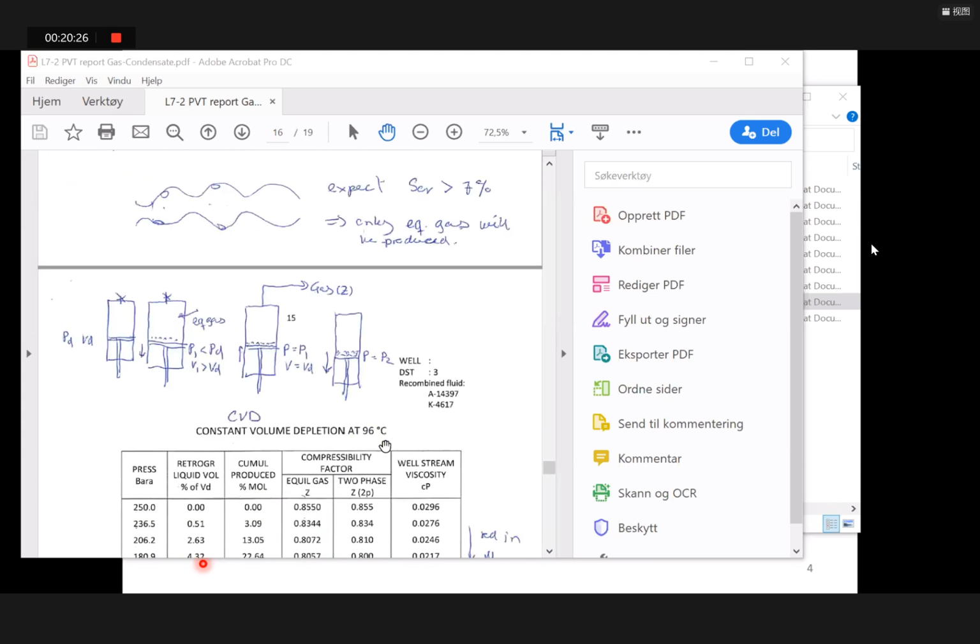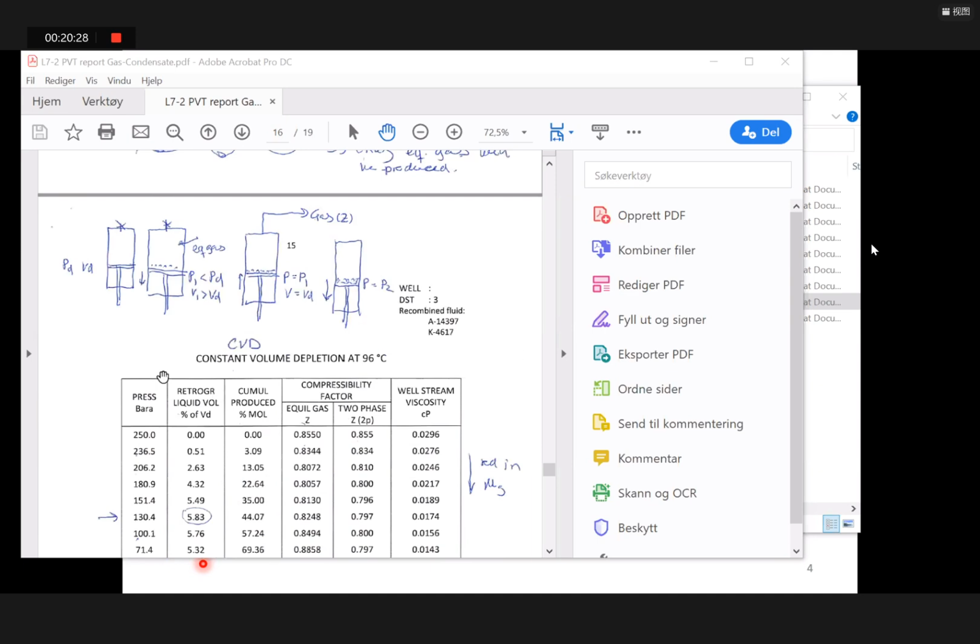And that's what we are doing in the next physical analysis, a constant volume depletion. And that's the typical way a gas condensate reservoir is produced. We don't normally do pressure maintenance during production of gas reservoirs. There's no water injection into the gas to maintain pressure.